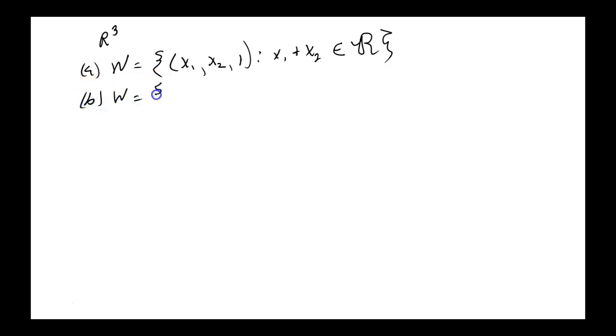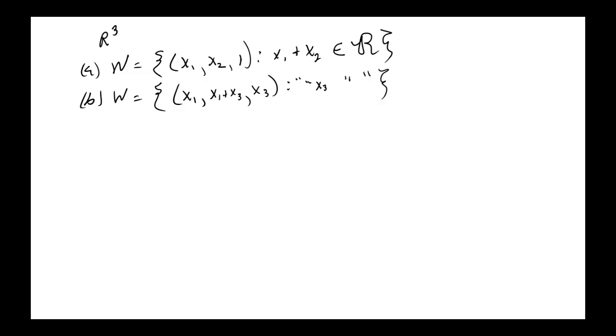B. W is equal to the set of all x1, x1 plus x3, x3, where x1 and x3 are real numbers.